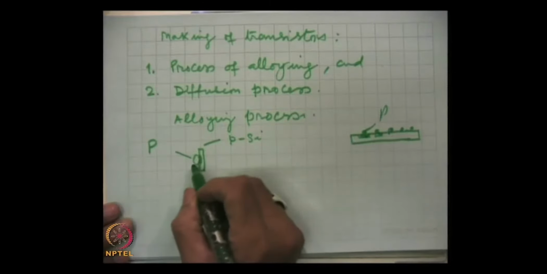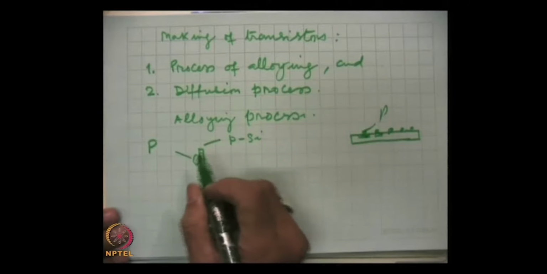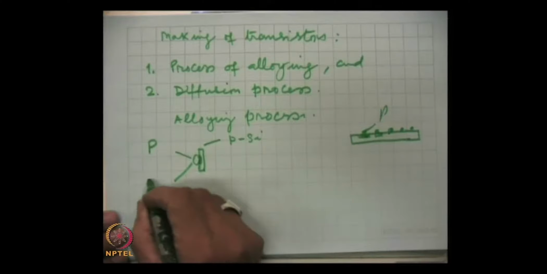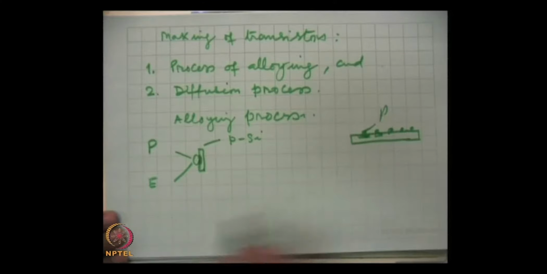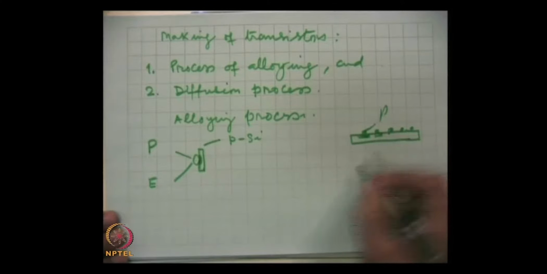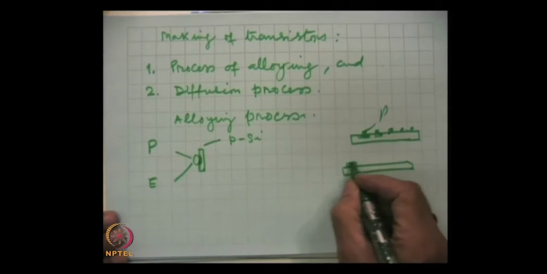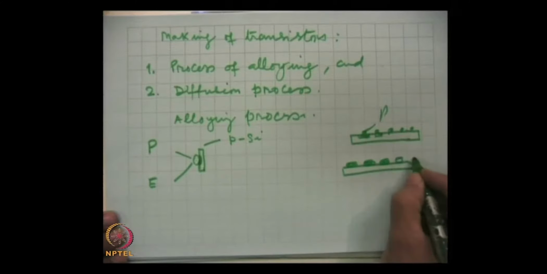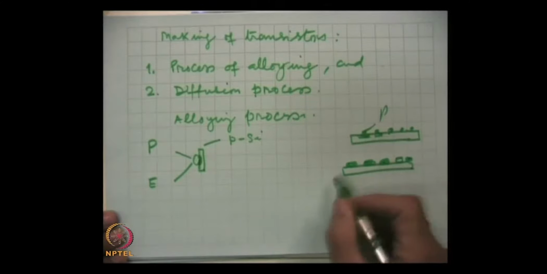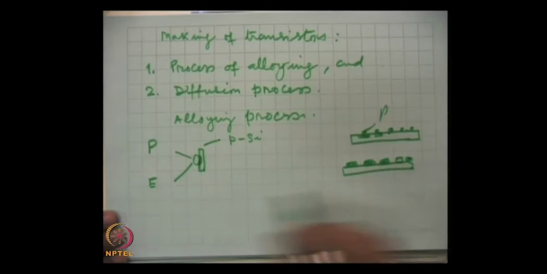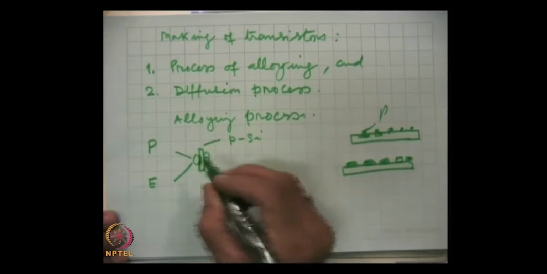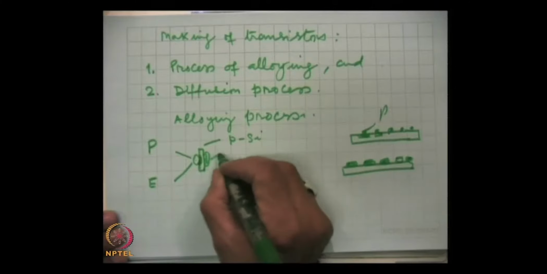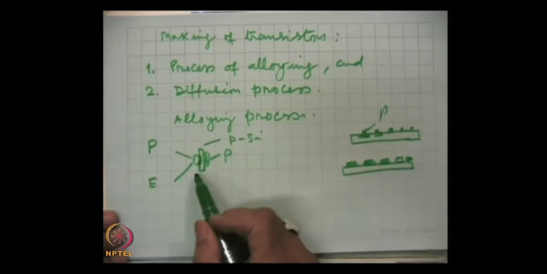So, this will behave finally as the emitter, and when we reverse this side, then we put bigger pellets of phosphorus, and again we heat treat it. Here this is the larger pellet and this is again phosphorus, we heat treat it.